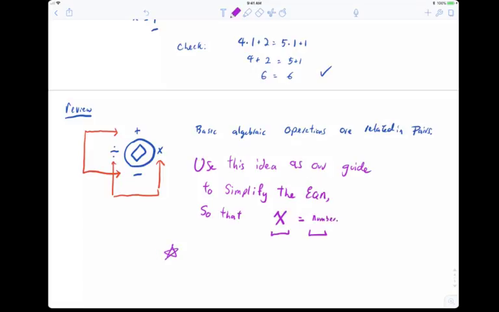Remember to do it to both sides of the equation, and remember to check your answer.